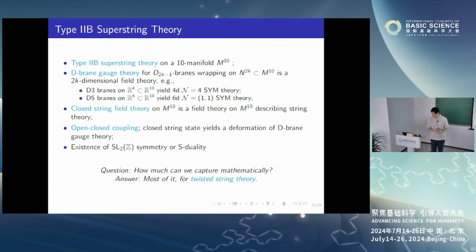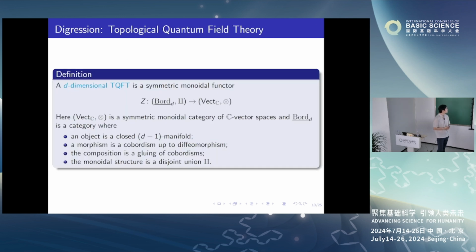That's going to take some 10, 15 minutes. For that, I want to digress and explain the usual TQFT. When mathematicians say TQFT, chances are they are thinking of this definition, not the physicist TQFT.